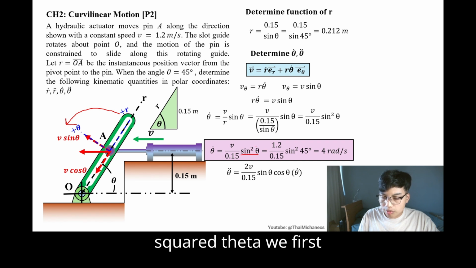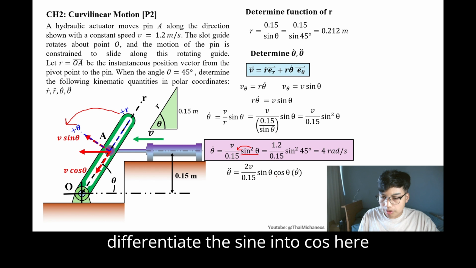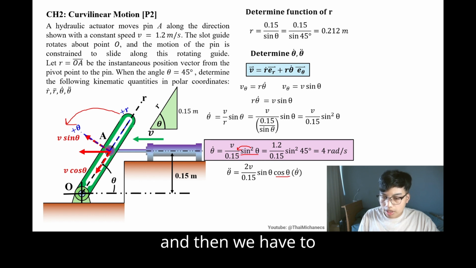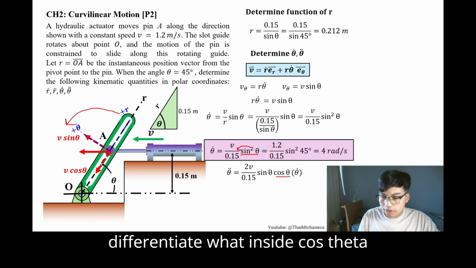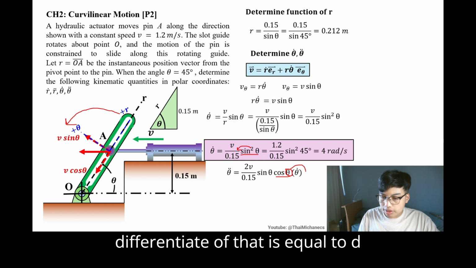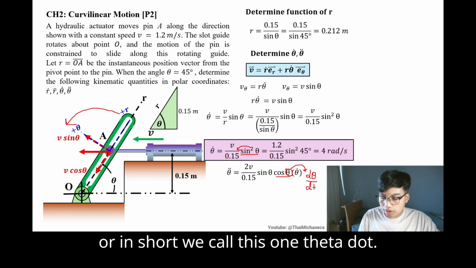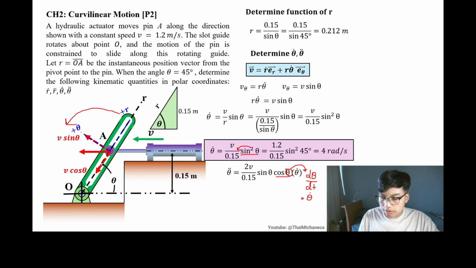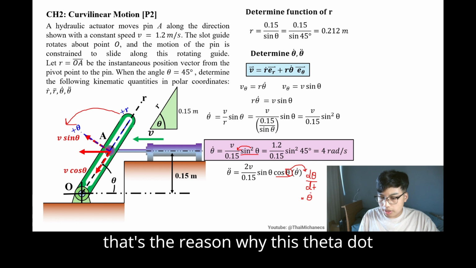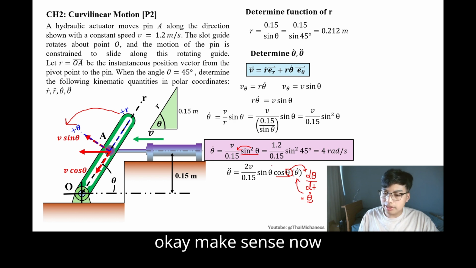For sine squared theta, we first bring 2 in front, then differentiate sine into cos, and then differentiate what is inside, which is theta. The derivative of that is d theta by dt, or in short theta dot. That's the reason why theta dot is showing up here. Makes sense.